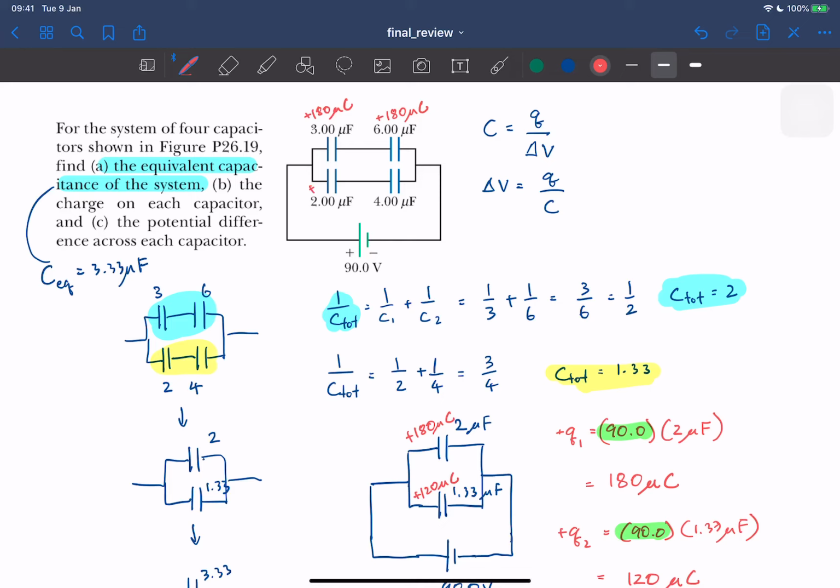The bottom one, which is 120 microcoulomb, is also going to be 120 microcoulomb on each one on the bottom here. So 180, 180, 120, 120. That's the answer for B, the charge on each capacitor.